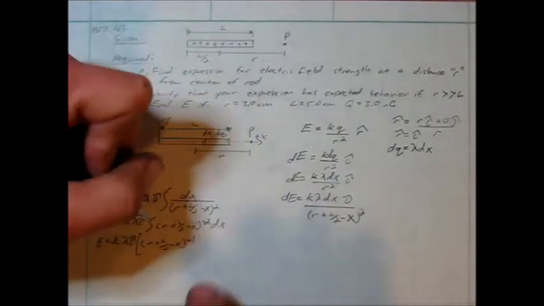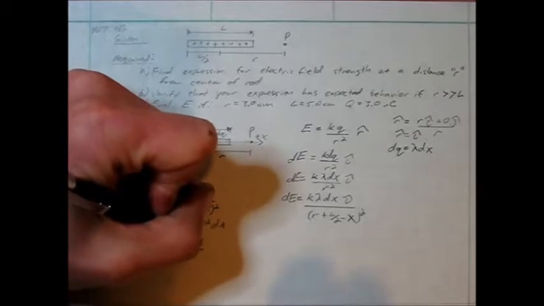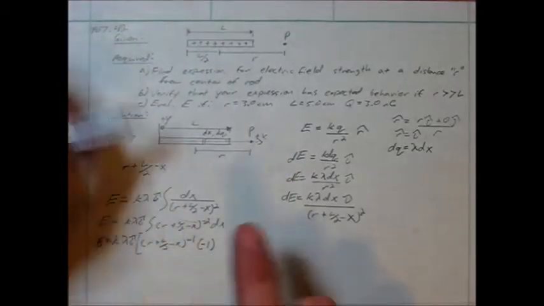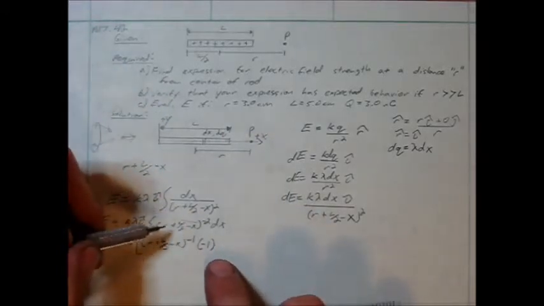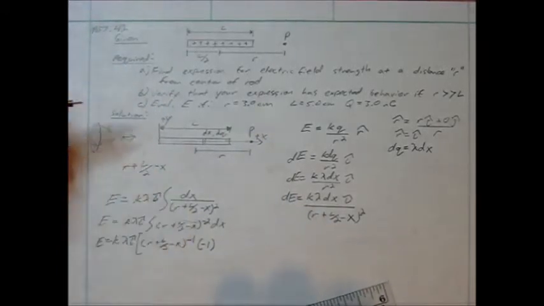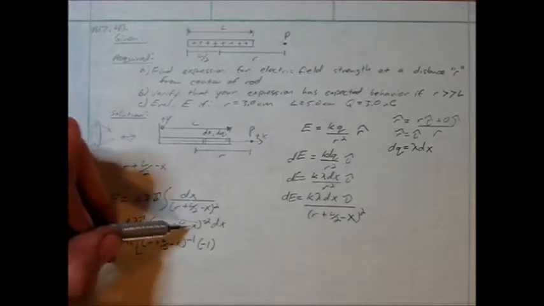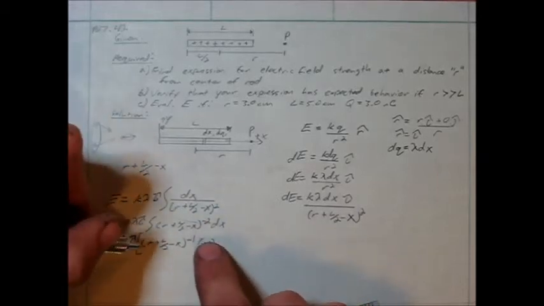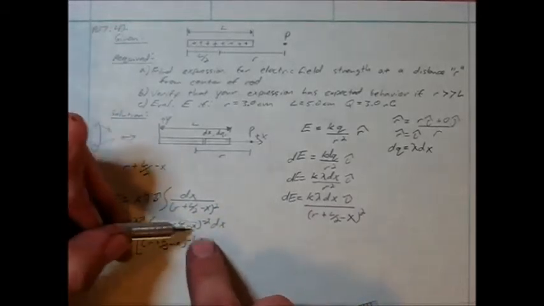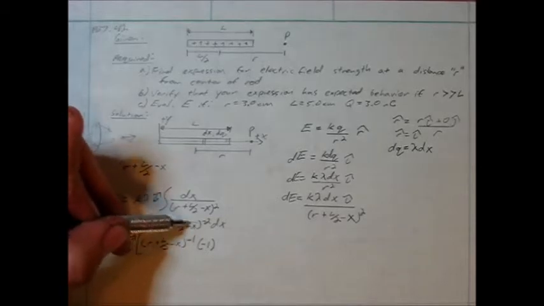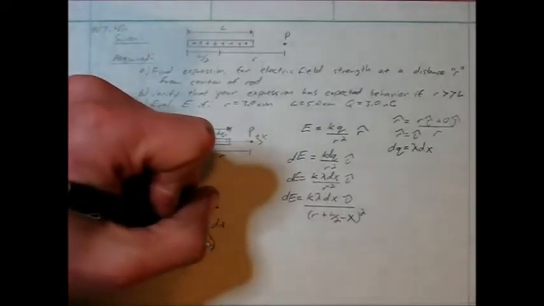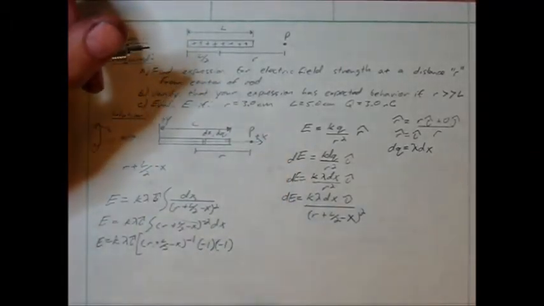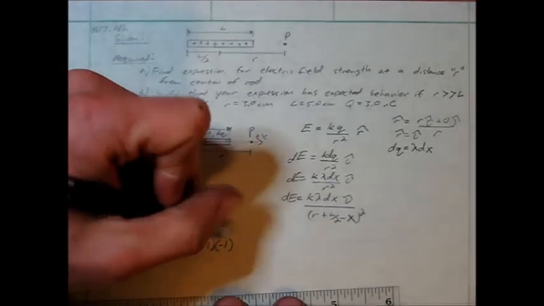So to counter that, we're going to put a negative 1 value out here, so this negative 1 times that negative 1. And then also this negative x here we have to take care of. You find the derivative of the outside, then the inside, and all this would have just ended up being negative 1, because x would go to 1, and you have a negative in front of it, so there would be a negative 1 to take care of that. So really these cancel out. We don't need them. Okay.